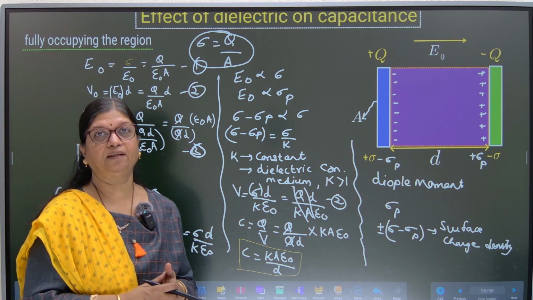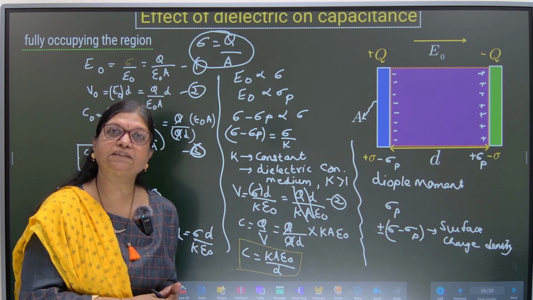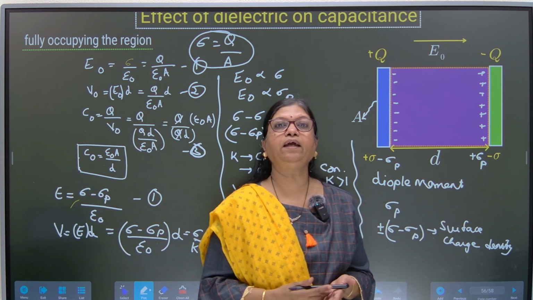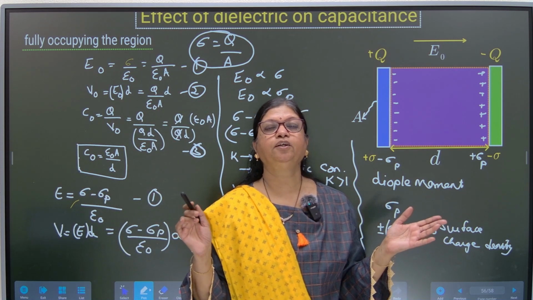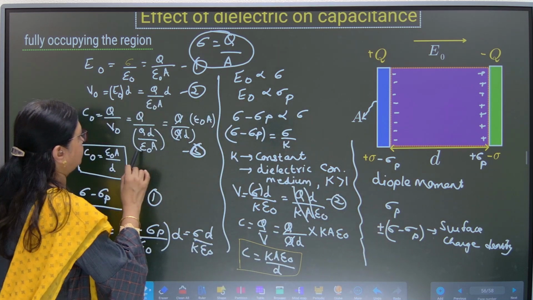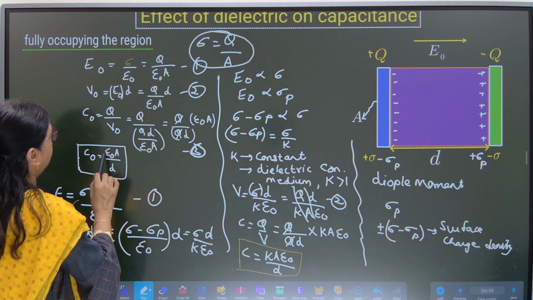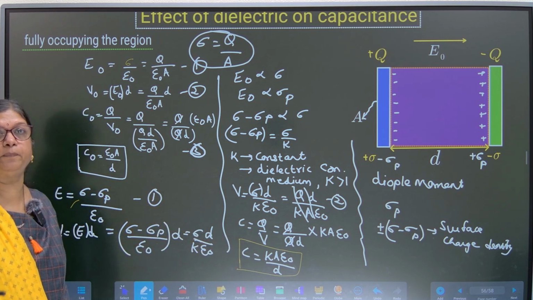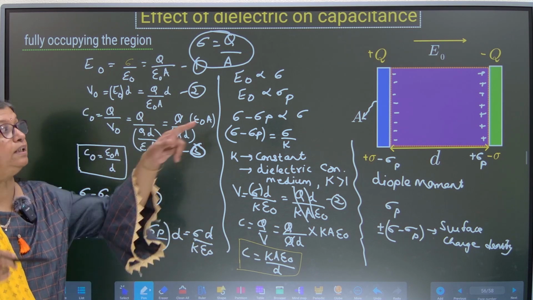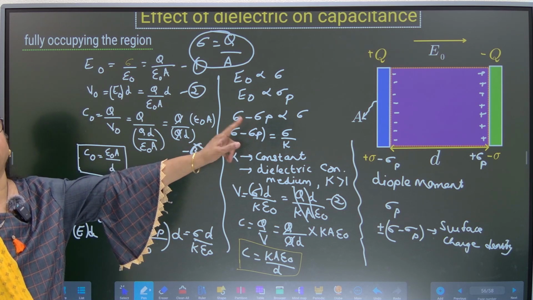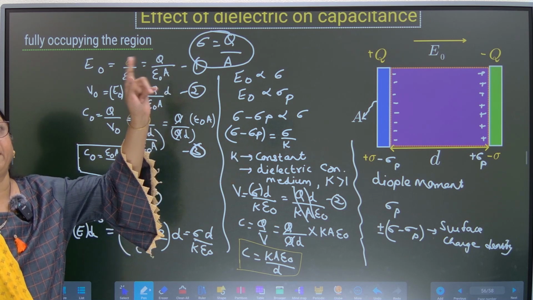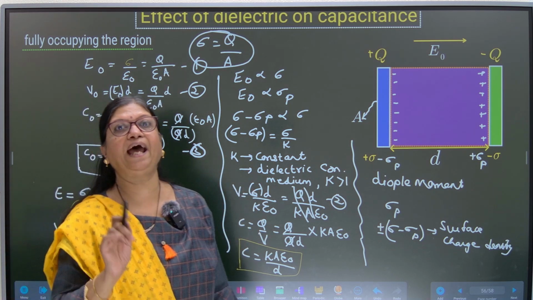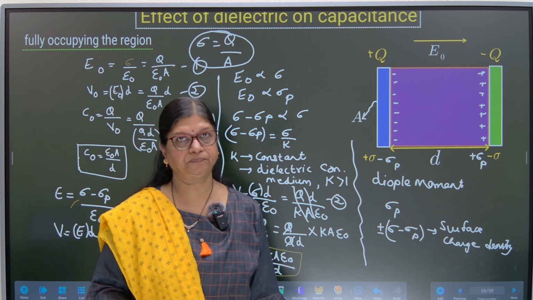Now tell me, is the capacitance increased within the same setup? Yes. Why? Because K is a positive number. So to the original capacitance, which was epsilon naught A by d, I have multiplied one positive number K. So within the same setup, by putting a dielectric, the capacitance of the capacitor has increased.